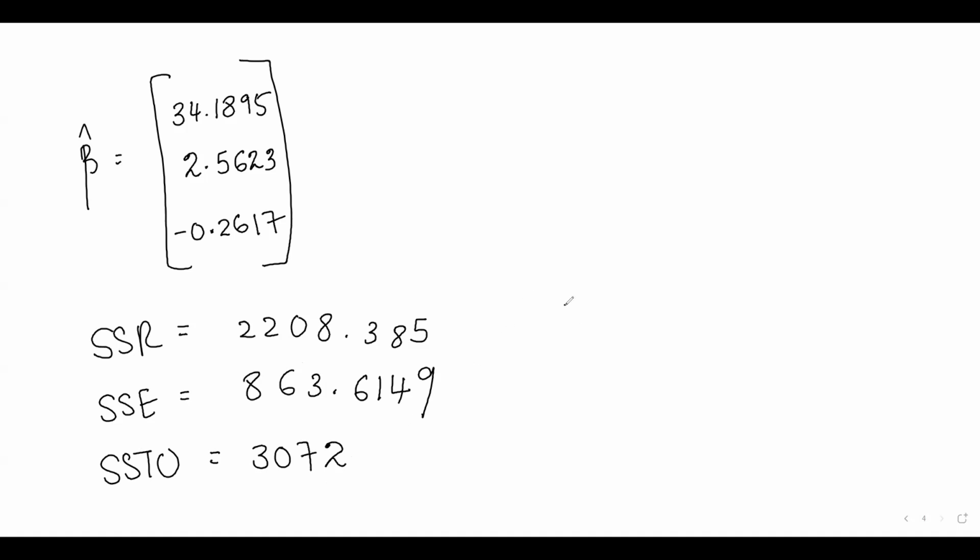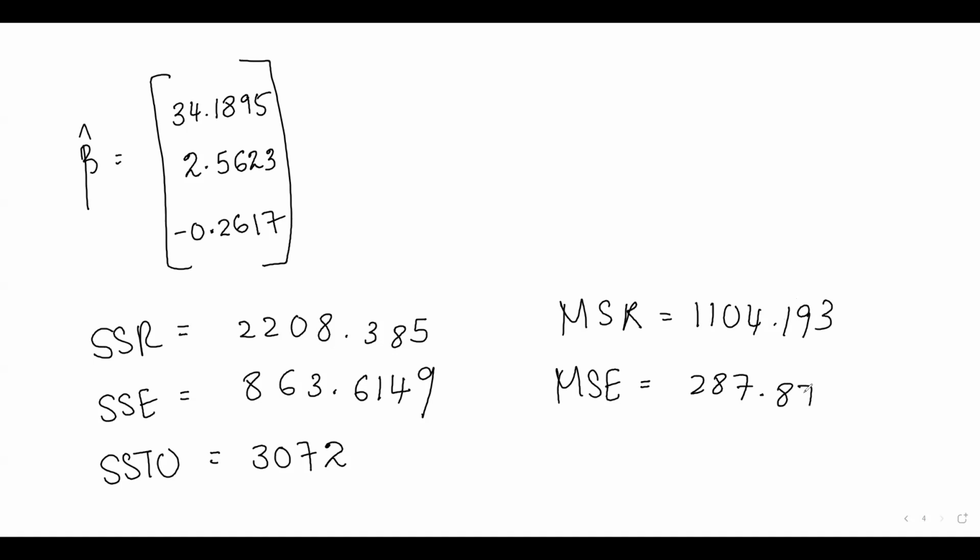Okay, mean square regression is 1104.193, where you have to divide this by 2, right? This divided by 2 will give you this. And MSE, just check the answers, it is 287.8716, right? So when you know this, you can get the F calculated value or the F star, right?